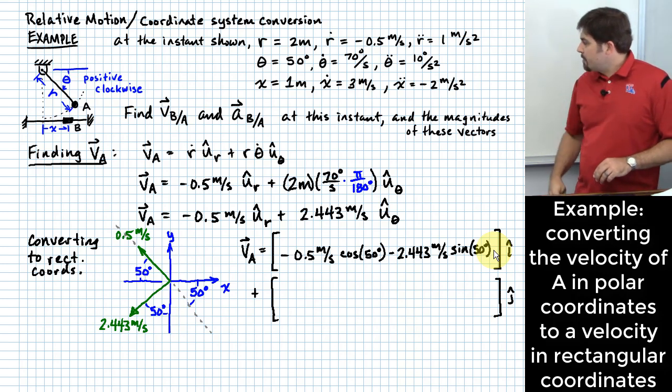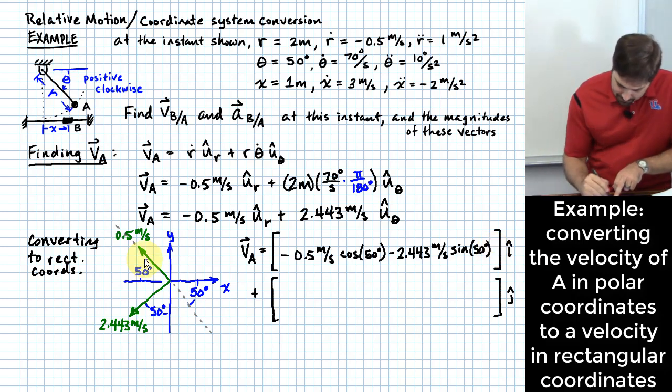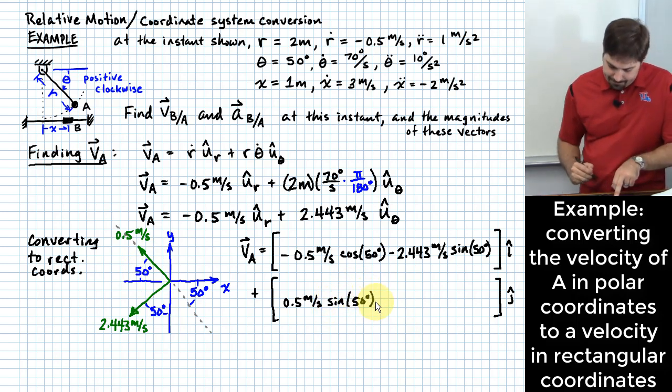We can do a similar thing in the y direction. The 0.5 has a positive y component, so I put a 0.5 meter per second. I want not the adjacent component but the opposite, so I put in a sine of 50 degrees.